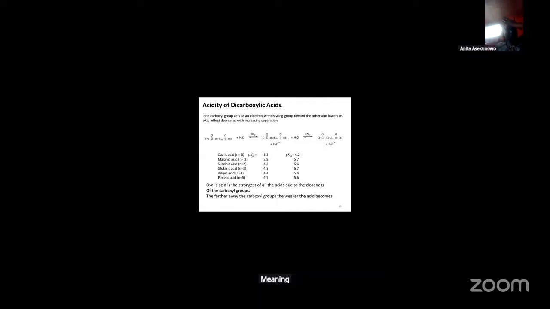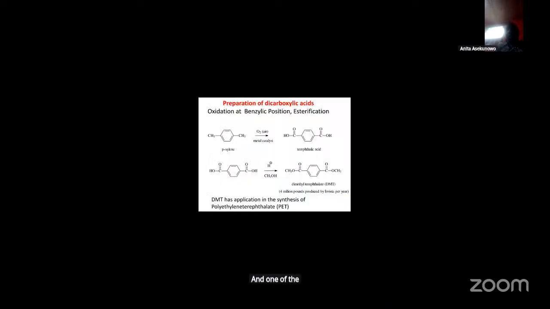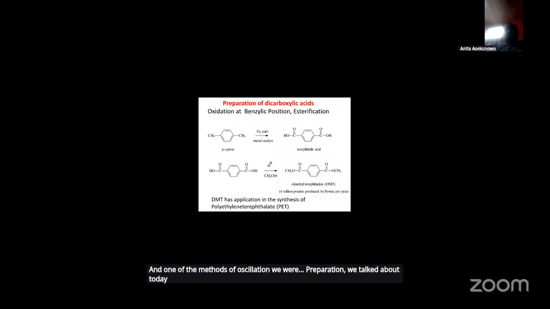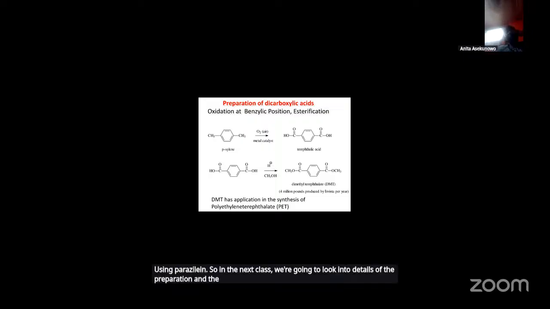Meaning that a compound that has none, like oxalic acid, is the strongest of all because of the closeness of the carboxyl groups. And one of the oxidation methods of preparation we talked about today is simply oxidation using paraxylene. In the next class, we're going to look into the details of the preparation and reactions of dicarboxylic acids.